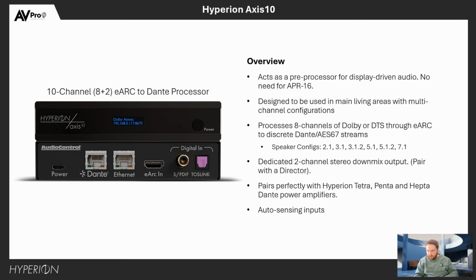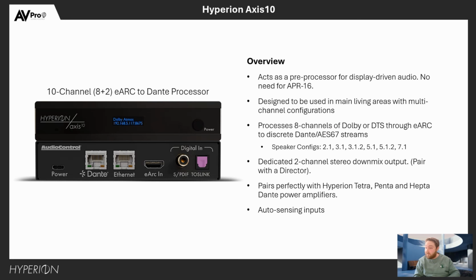And then just like the Axis 2, the digital input and the eARC are auto sensing as well. One thing to call out is that there are dedicated Dante and control Ethernet connections here. So you can very easily, like Aaron was saying, isolate and control that switch on the APR 16 in the future, similar to what we can do here. The Dante output of the Axis 10 can be sent to a dedicated Dante network on an MXNet switch, for example.